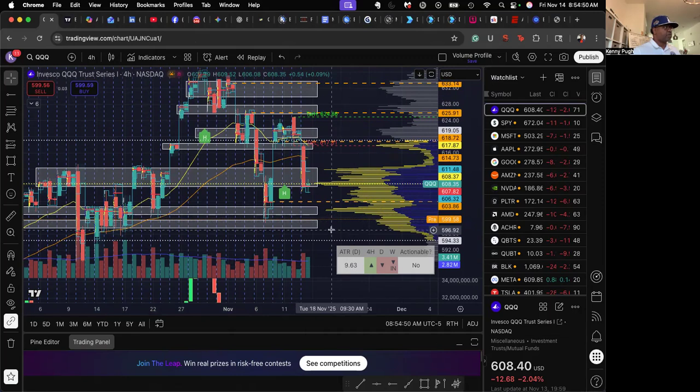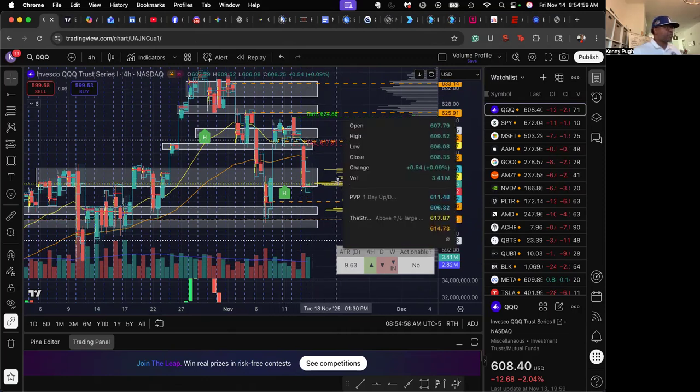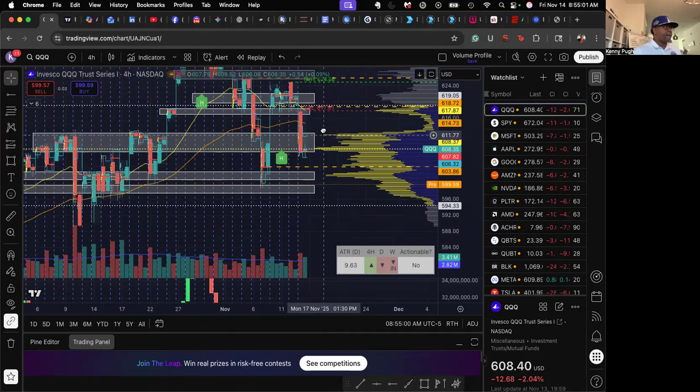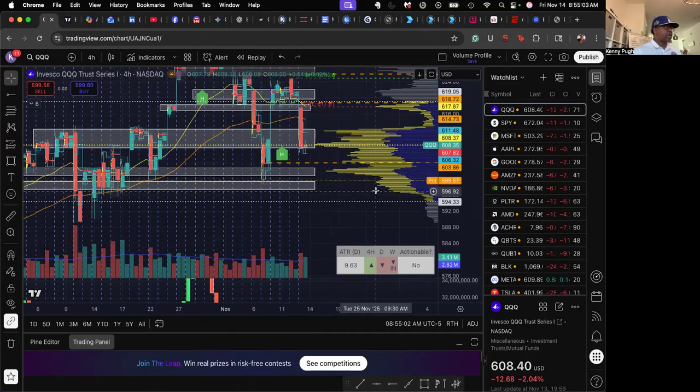So we have that one captured, have a lower zone here. We have this zone here that I have captured as one. As we did with SPY, we see that yesterday closed at 608.35 and we're opening today at 599.55, a significant gap down.